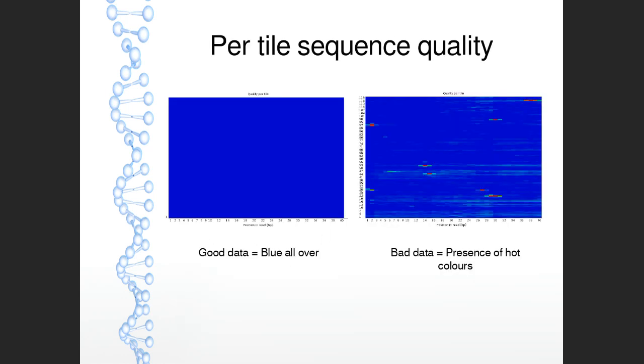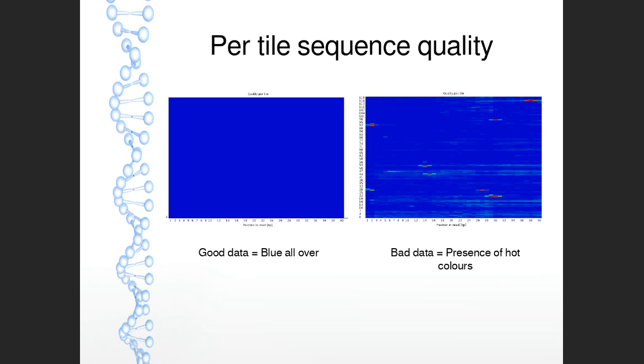Now, in an ideal world, we would have a graph that looks like this on the left, which tells us that all of the tiles, all of the areas of our slide, gave universally good quality reads across all positions within our reads. Good quality calls within all positions of our reads.